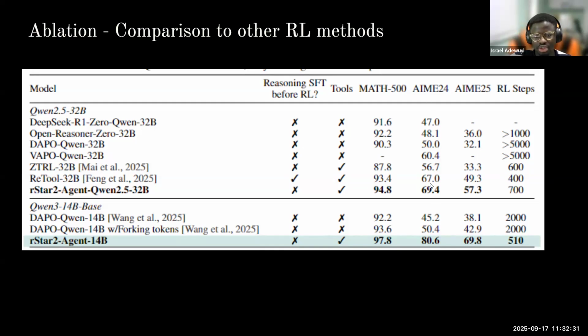The performance jump in AIME 24 seems to me larger than at least MATH-500 and AIME 25, for example. And well, save for one model, it had the smallest number of RL training steps. So their training run was more efficient than other training runs reported by other papers.